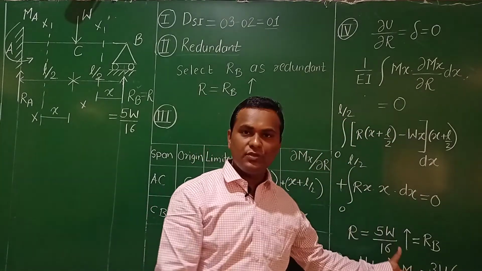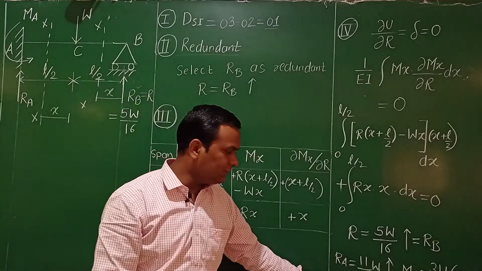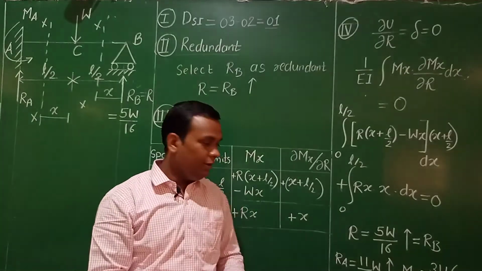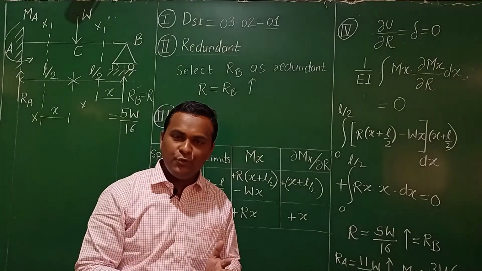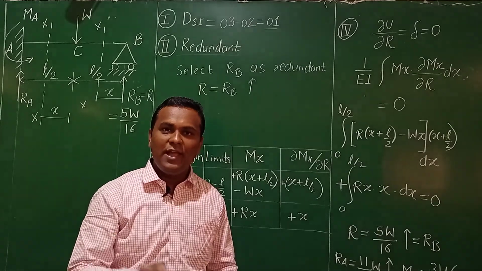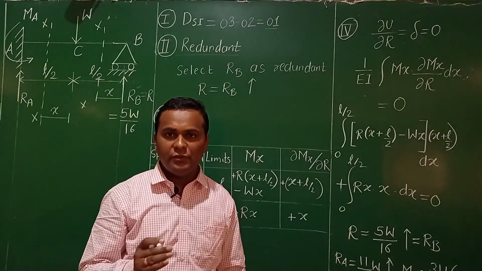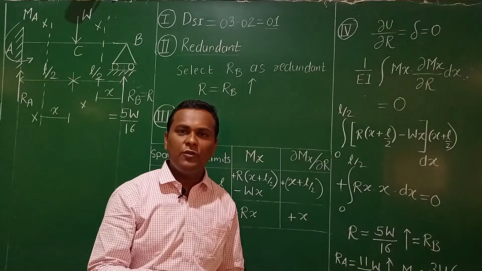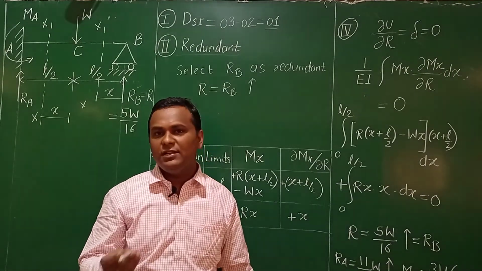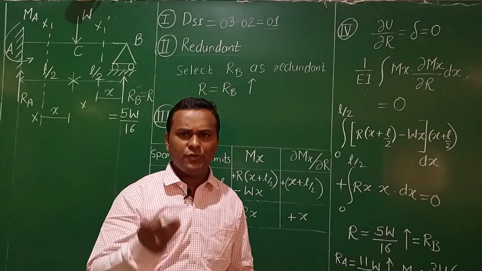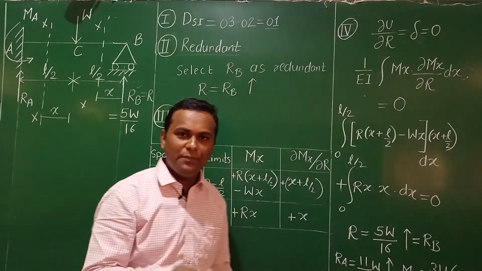So using conditions of equilibrium we can find RA and MA. Now RB, RA and the support moment MA are all known to us. Once we find those unknowns, we can easily draw the bending moment diagram. So let us see how we can draw the bending moment diagram.